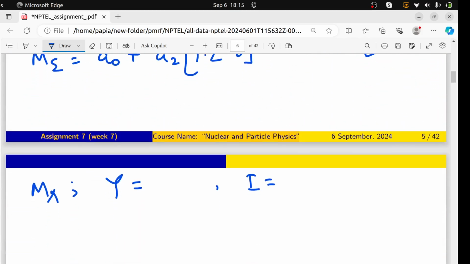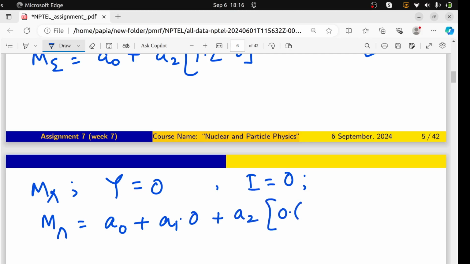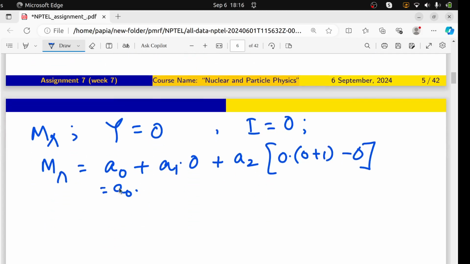Now I am writing that one. m lambda equals a0 plus a1 into 0 plus a2 into 0 plus 1 minus 0. So you can see a1 and a2, none are there. So only a0 is there. So m lambda should be equal to a0 only.